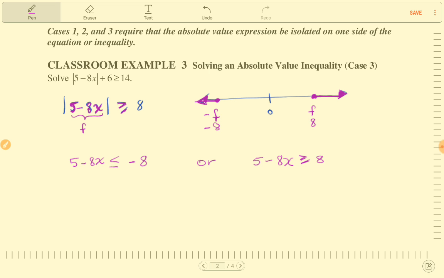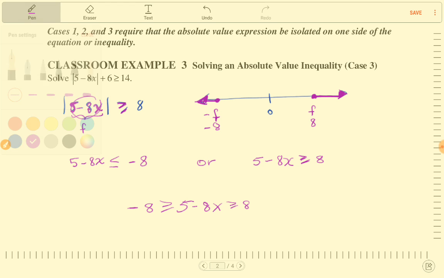All right, so if you're trying to remember a procedure rather than really understanding the reason behind it, you could say it like this. Take out whatever's in the middle of the absolute value symbols and set it greater than or equal to 8, and then less than or equal to negative 8.